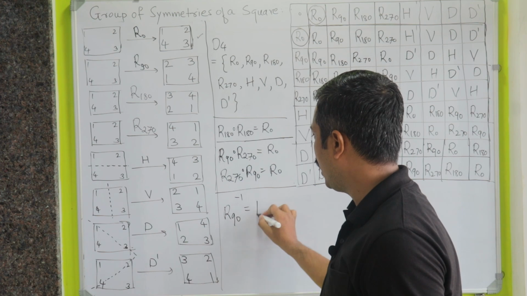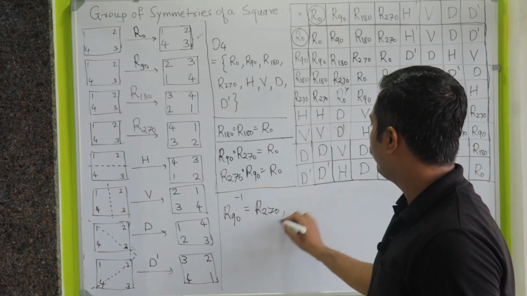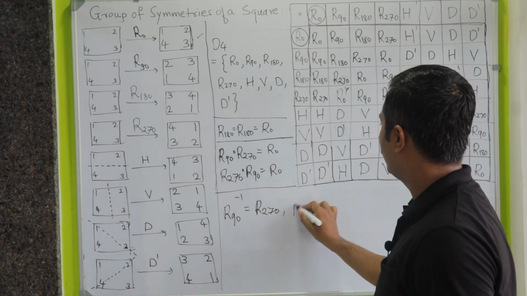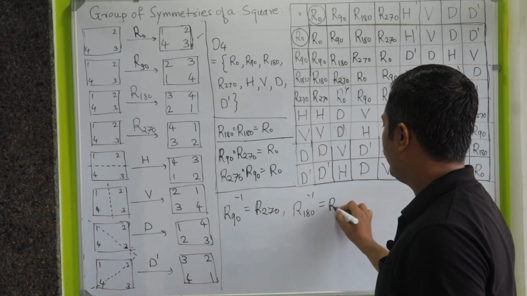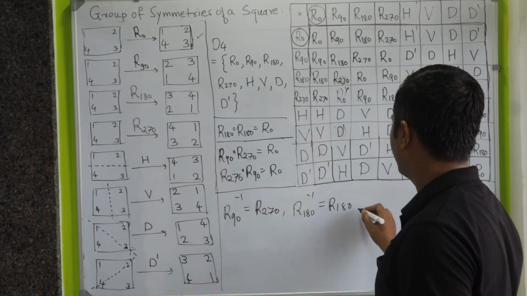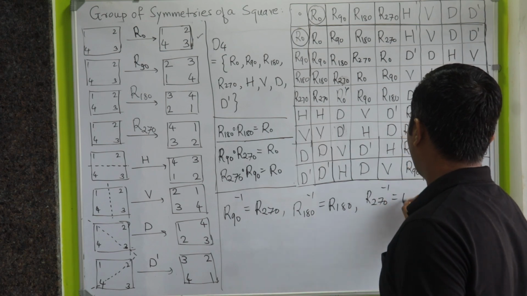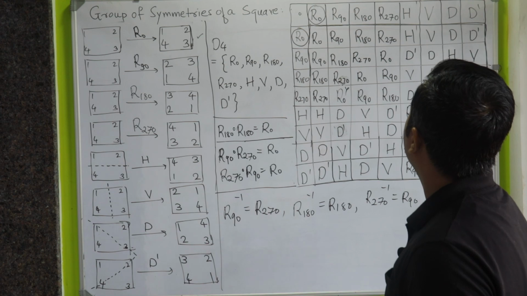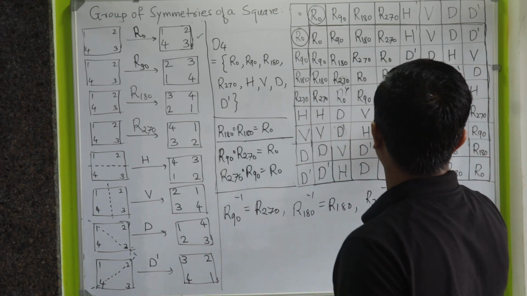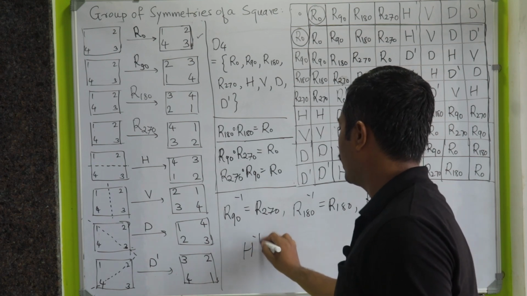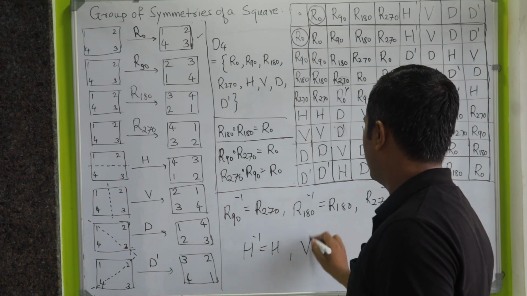Thus, now we can conclude that R270 is the inverse of R90, and thus R90 inverse exists, and that is actually nothing but R270. Similarly, you can verify that the inverse of R180 is R180. Actually, we have already written here. Next, the inverse of R270 will be R90. Next, the inverse of H will be H itself. Next, the inverse of V will be V itself.